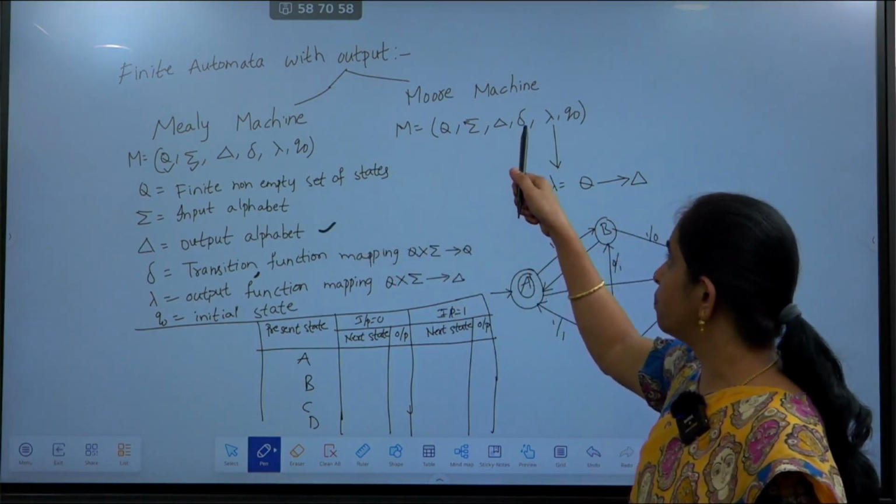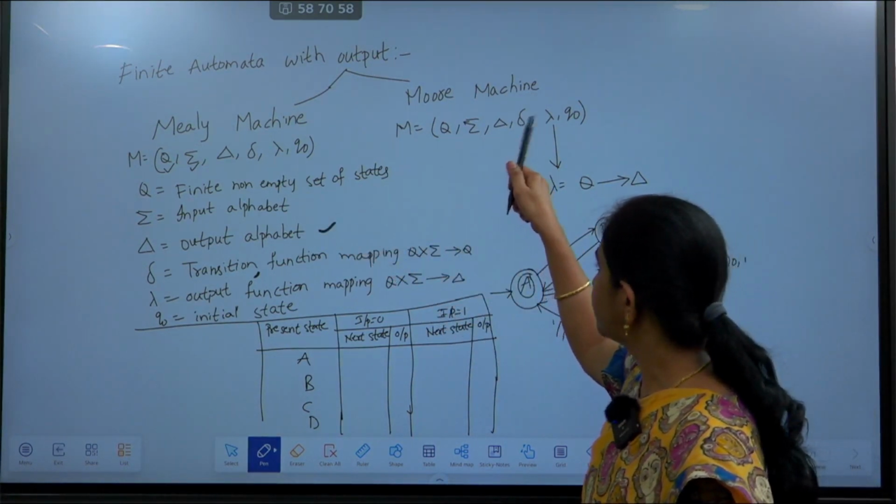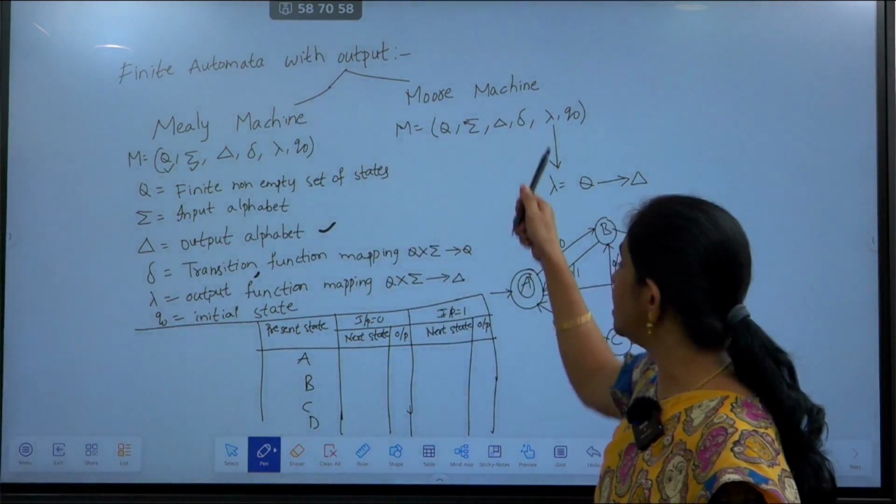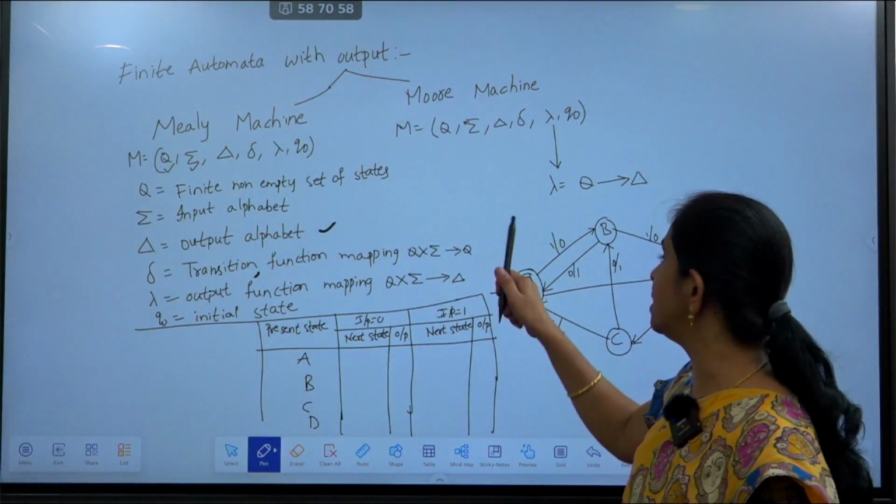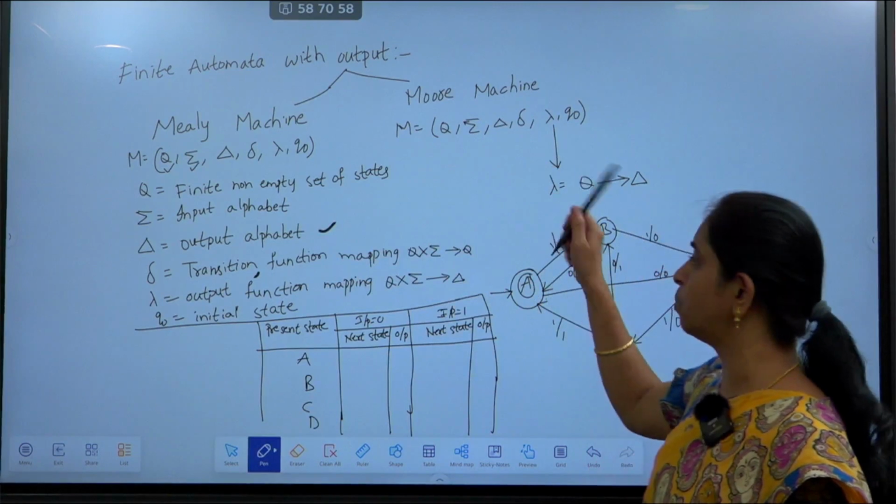Next, lambda, the output function mapping, is different between the Mealy machine and the Moore machine.